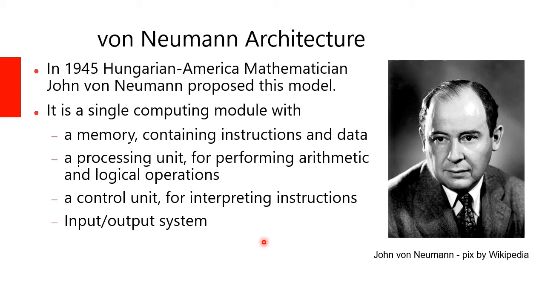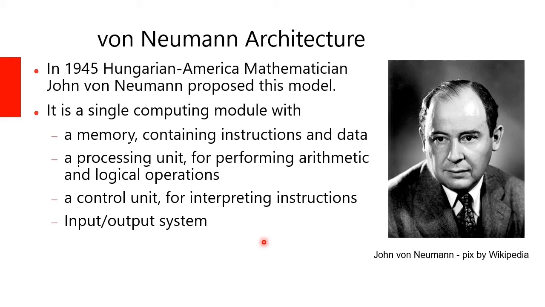His proposed computing model is a theoretical model. You need a memory containing instructions and data. Instructions are the things that you need to do, usually called the program, and data is the variables. In this model there is an allocated location called memory, where you can store instructions and data.